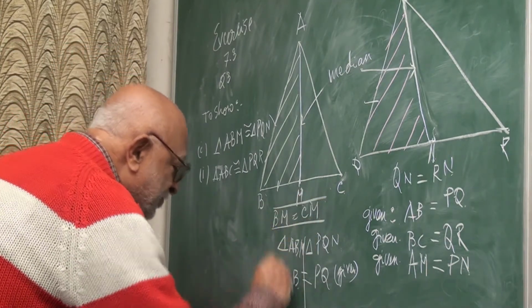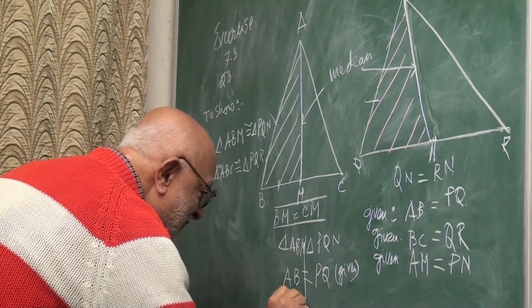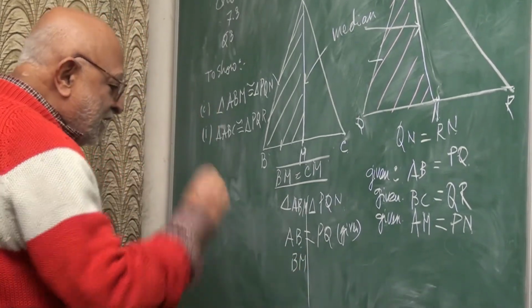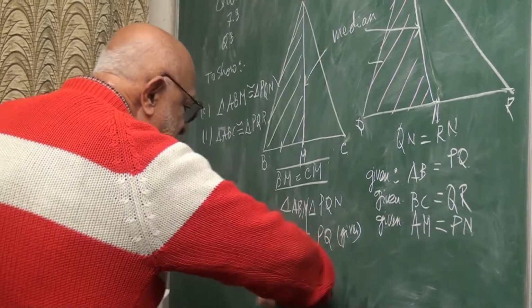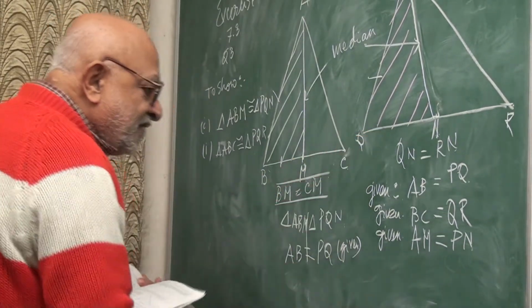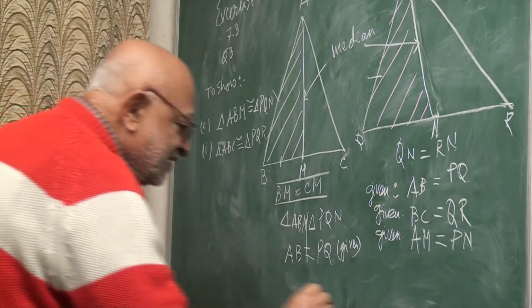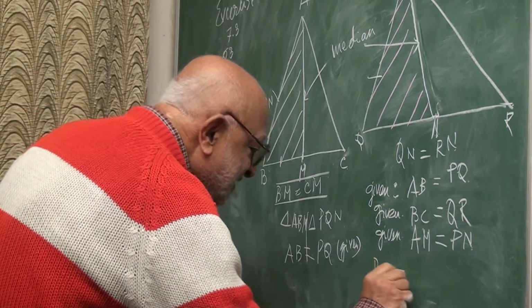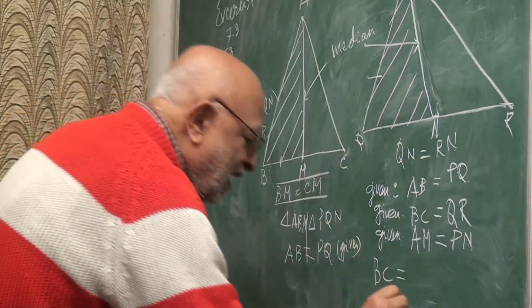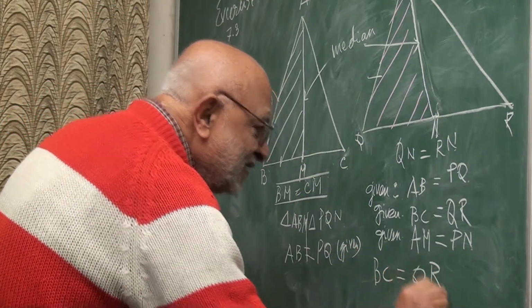So I can also write BM, okay, no, I don't think I can do it that way because these two are different. What is given? BC is equal to QR is given.